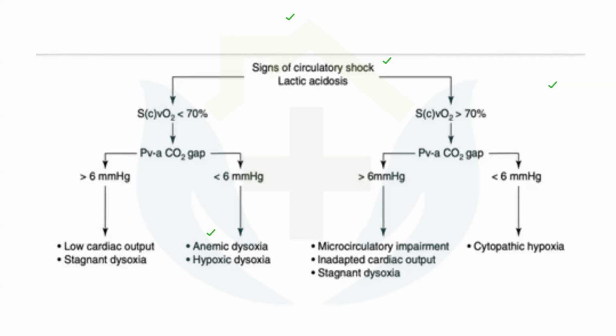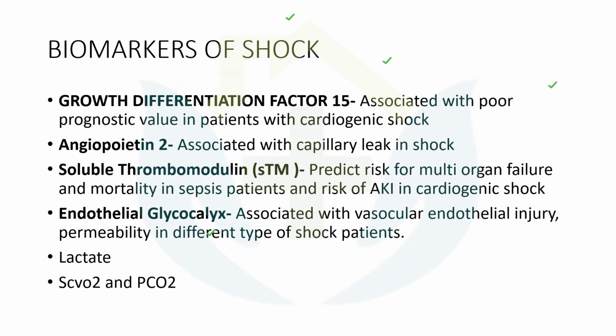When ScvO2 is more than 70% and the CO2 gap is more than 6 millimeter of mercury, that is microcirculatory impairment that is happening in stagnant dysoxia or severe sepsis. When the CO2 gap is less than 6, but ScvO2 is more than 70%, that indicates cytopathic hypoxia.